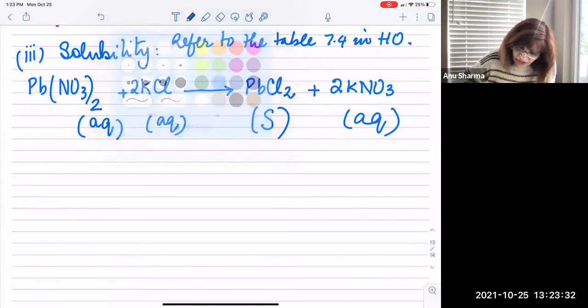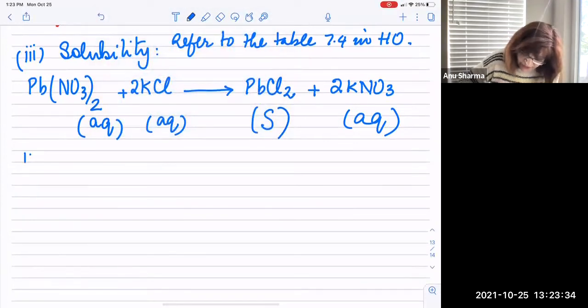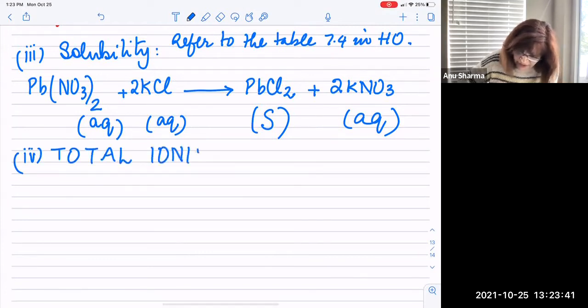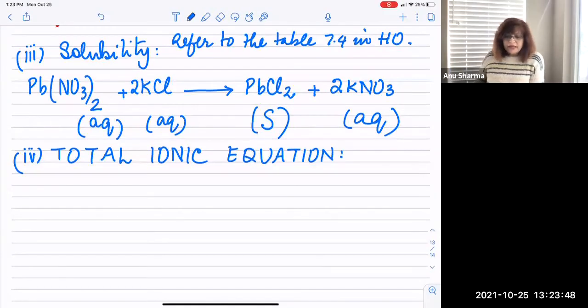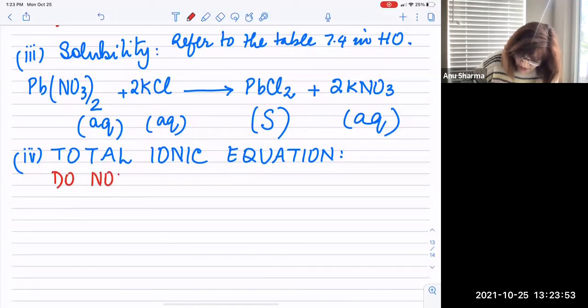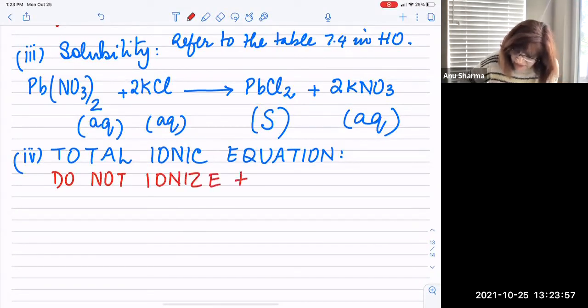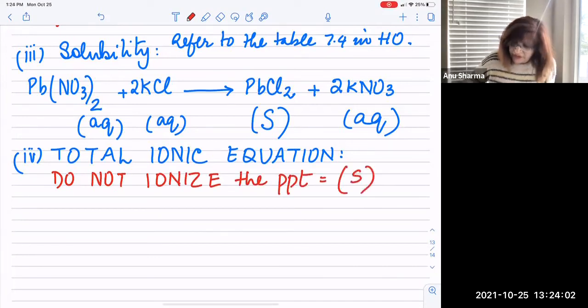Next thing is ionize. So here is the total ionic equation. An important thing: do not ionize the precipitates, and those precipitates are solids or the insoluble compounds.